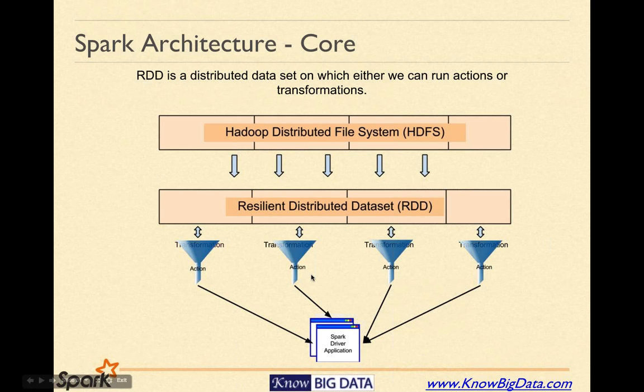RDD is essentially a representation of data divided amongst multiple computers. The way you can imagine an RDD is a big array of objects, and this array does not necessarily have to have all the elements of the same data type.